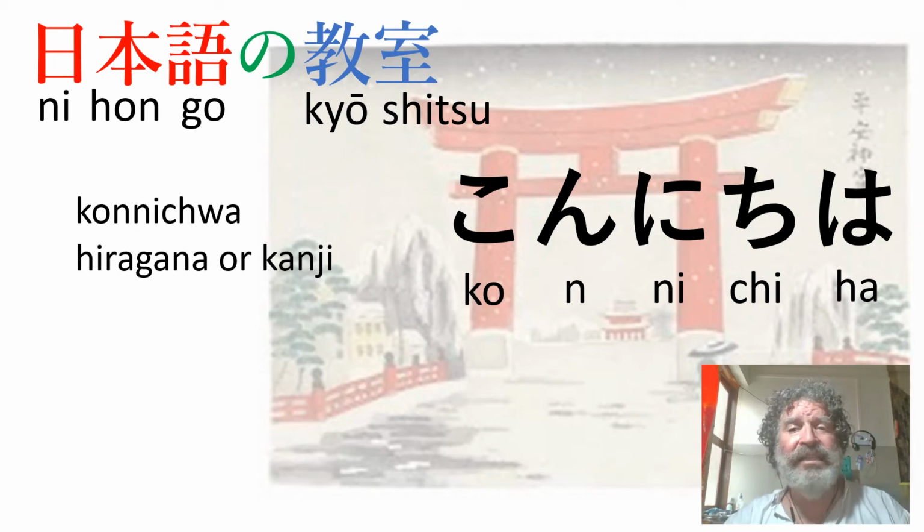Kyo is the softer native Japanese way to say it, and konnichi is the more scholarly, the more bookish Chinese way to say it. So Chinese words are generally hard words. Japanese words are soft words. Konnichiwa, I guess, would be a hard word, but it's not all that. It's a fairly formal way of saying hello.